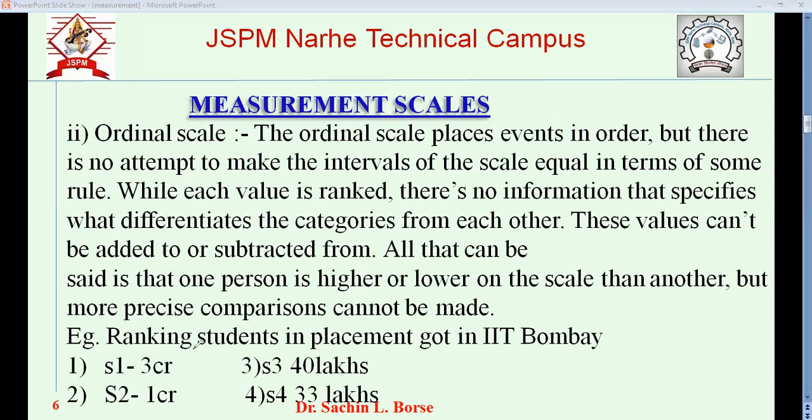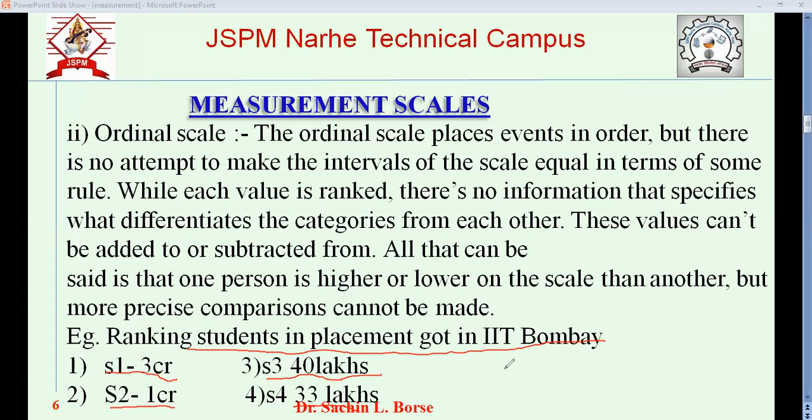Like placement in IIT Bombay this year: one student got a package of 3 crores. The second student got an annual package of 1 crore. The third student got an annual package of 40 lakhs. The fourth student got an annual package of 40 lakhs.